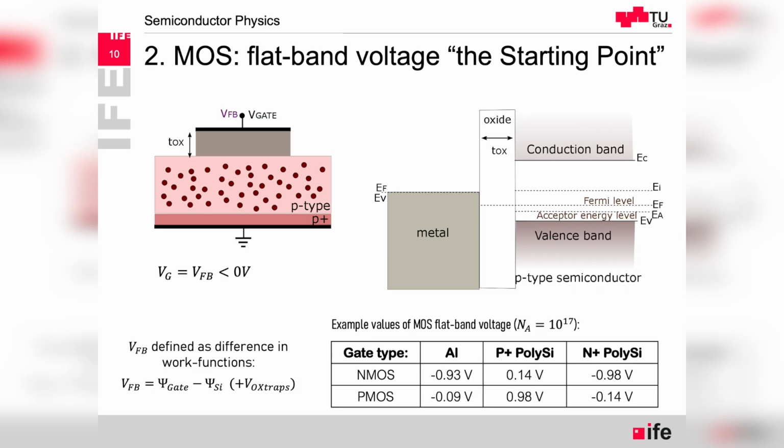For example, what it would be for aluminum, for P+ polysilicon, because the gate can be made out of metal or polysilicon, or N-type polysilicon. And we can see that they are very different, and usually the most suitable one is chosen so that this flat band voltage is not really large, because we would like to almost not have to think about it in reality when operating transistors. So if we are talking about voltage thresholds which are a few hundred millivolts, then the number of close to 1 volt flat band voltage sounds almost ridiculous.